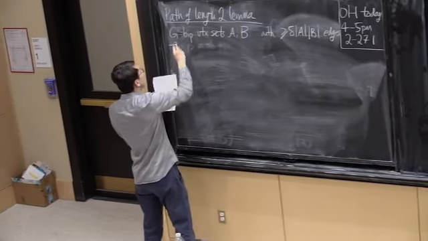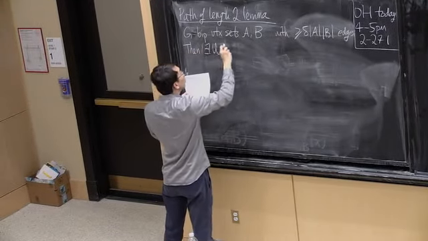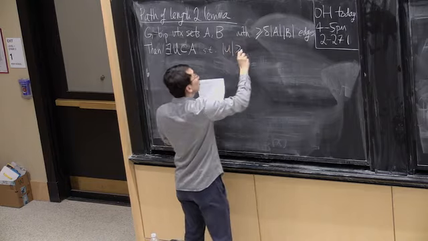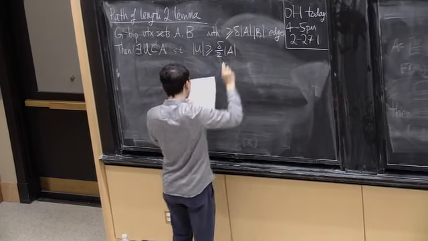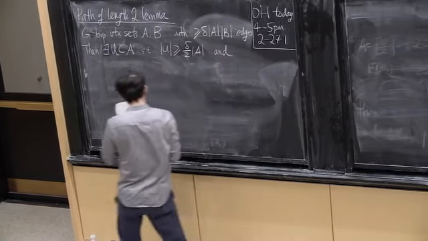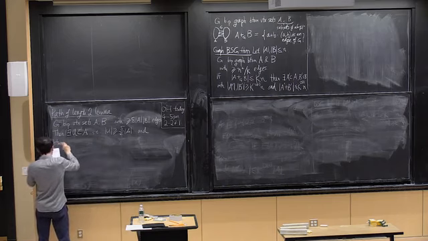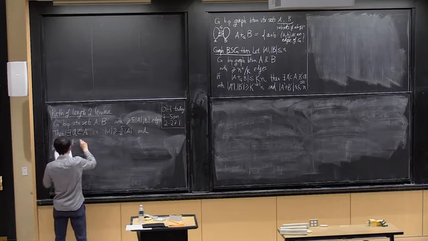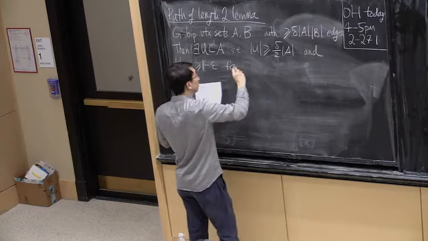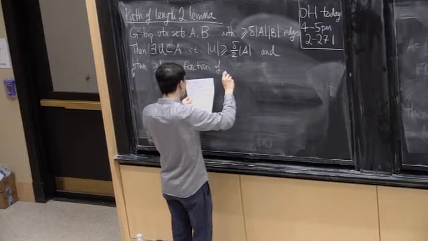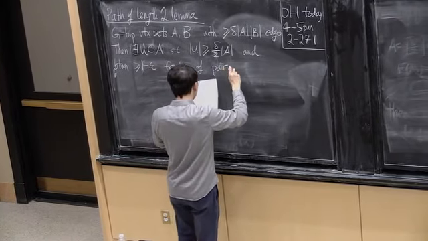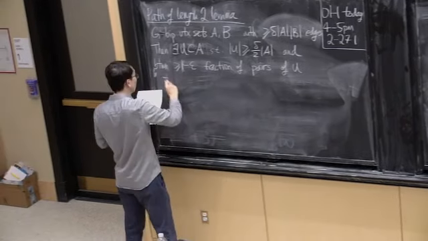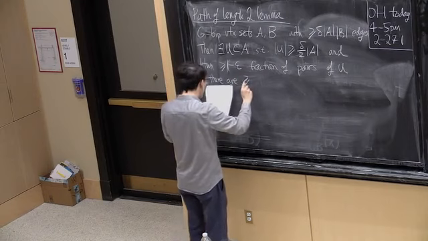Then the conclusion is that there exists some U, a subset of A, such that U is fairly large, and between most pairs of elements of U, so between 1 minus epsilon fraction of pairs of U, there are lots of common neighbors.